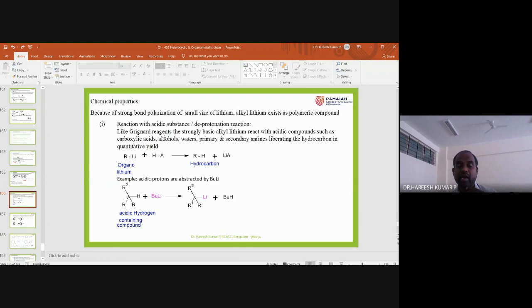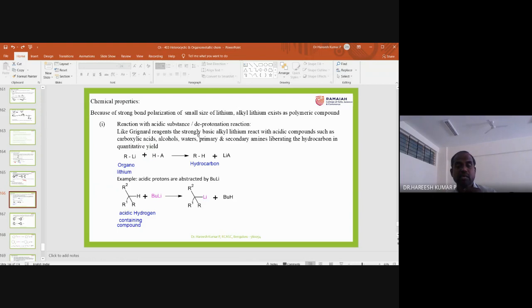Something like our Grignard reagents, which you know. Grignard reagents are sensitive to acidic protons, for example carboxylic acid containing compounds. It will take the proton and liberate the hydrocarbon.